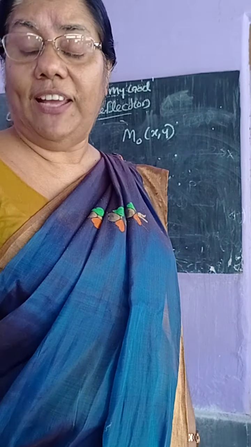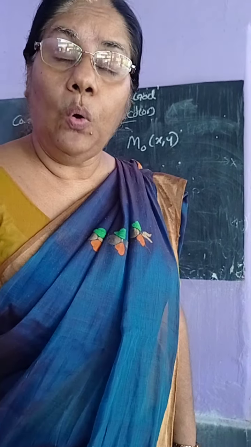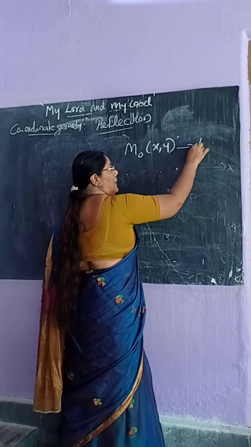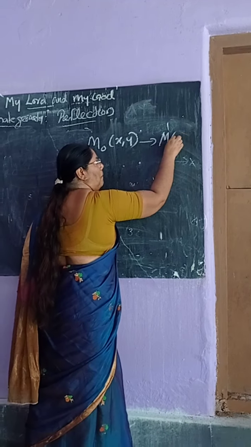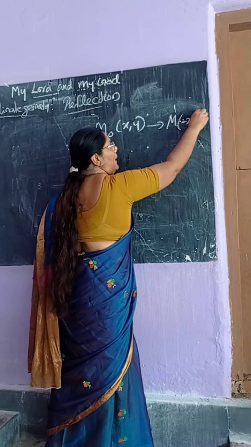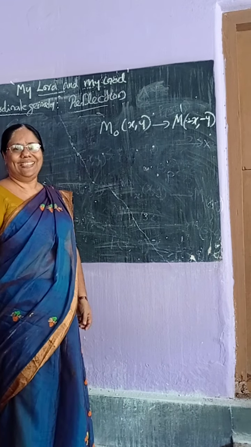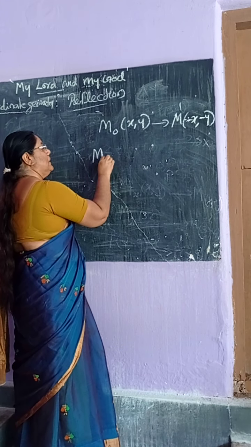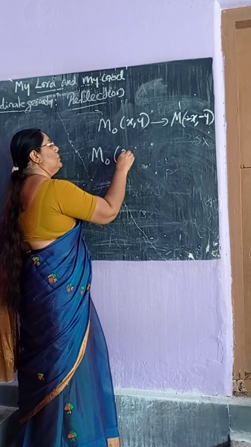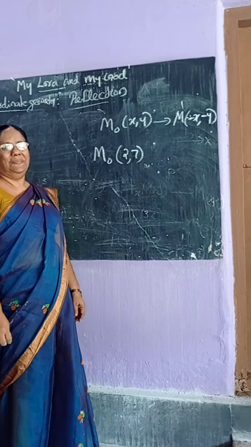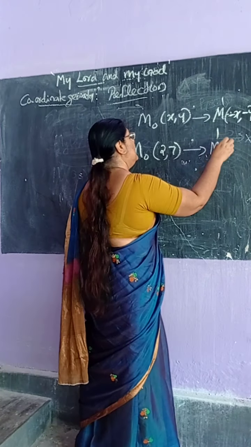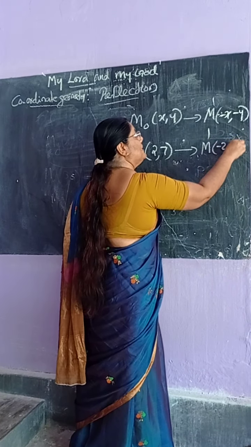What's the meaning? Reflection through the origin, both the coordinates change their sign. M dash is (-x, -y). Write one question. Mo (2, 7). Okay. That is M dash is (-2, -7).